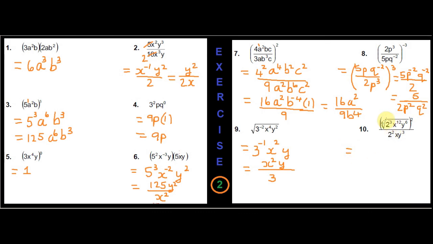Once again, we can first work inside the brackets here. We're going to divide each power by 6. So it's going to be 2 to the 3 over 6 is a half, 2 to the half. Then 12 divided by 6 is 2. 6 divided by 6 is 1. So it's just y. And this is all squared.